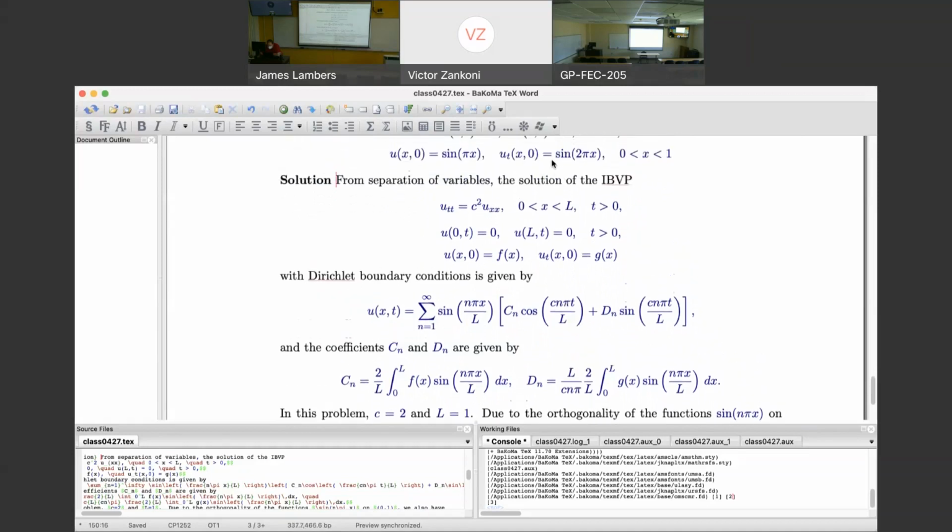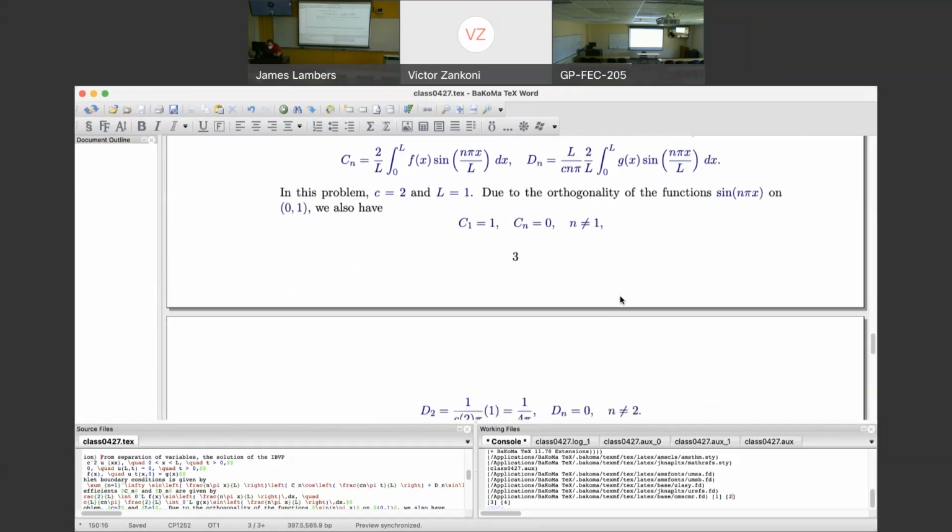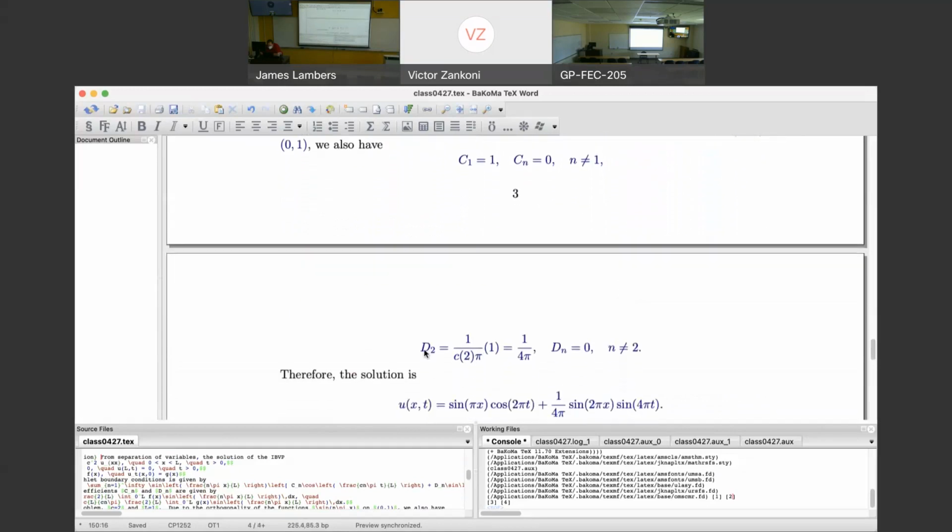And then for the other initial condition, we have sine 2 pi x. So that means that d2 is equal to 1 times the factor L over c n pi. In this case, n is equal to 2. And c is also equal to 2 in this problem. So thus we get 1 over 4 pi.